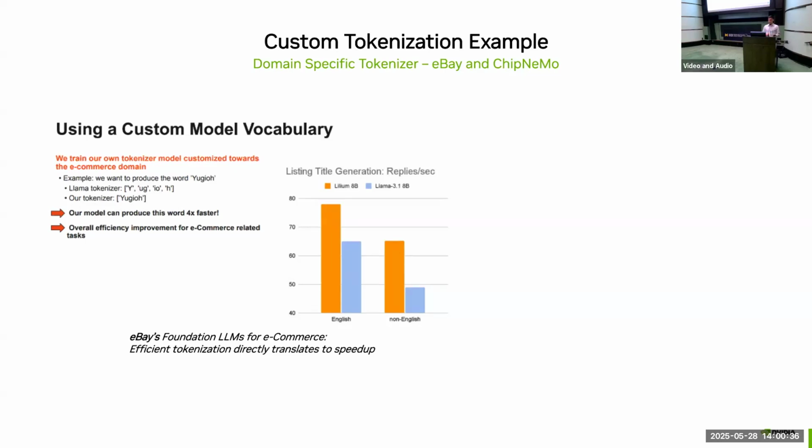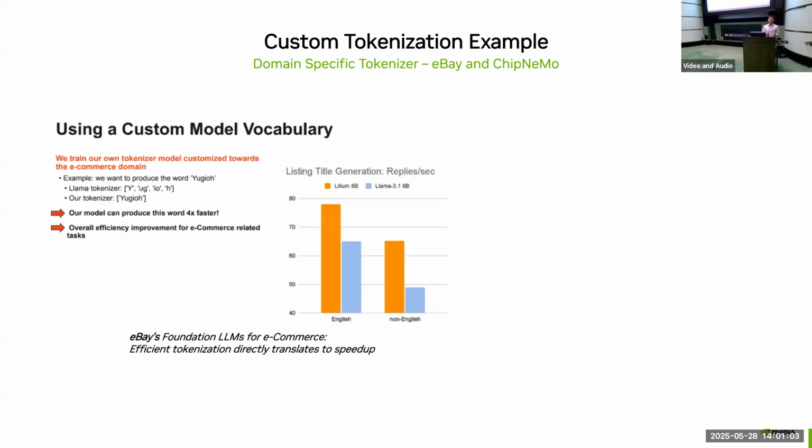And what they did here was use a custom tokenizer, which they created themselves, to train their model, and they based their model on LLaMA 3.1 8 billion. And what we can see just by looking at the figure here is that the throughput of their listing generation has a really large improvement over the base LLaMA model.